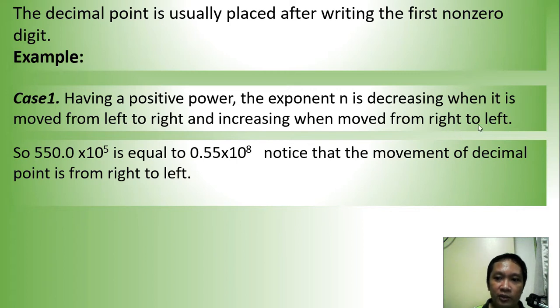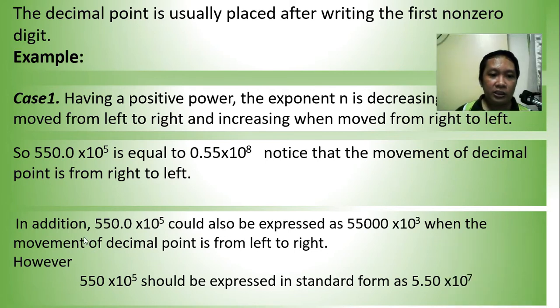So we are expected to have an increased value of n. Look at n. From 5, we move 3 places: 6, 7, 8. So the decimal point rests here. Therefore, the power n was changed to 8. Notice also that the movement of the decimal point in this example is from right to left. Therefore, the value of n increases.